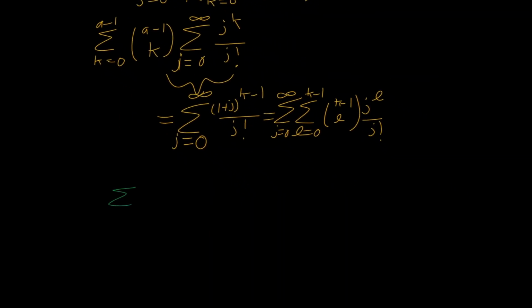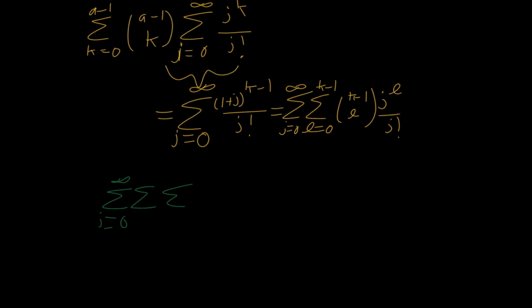I'll write our sum over j out front, the sum from j equals 0 to infinity. But then we have our sum over k and L. I'm just going to write all of our sums up front and then all of our terms. Let me zoom in a little bit more. We have our sum from k equals 0 and also L equals 0, to, for the k, a minus 1, but for L, k minus 1.